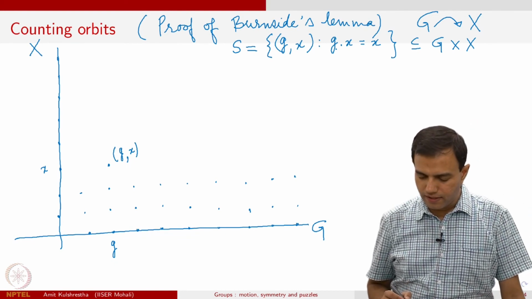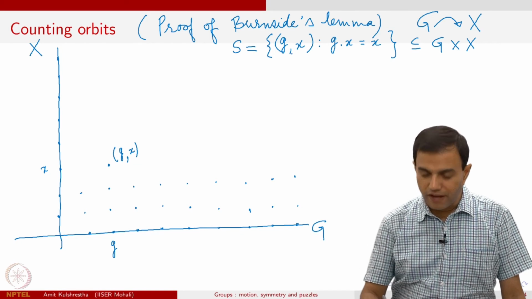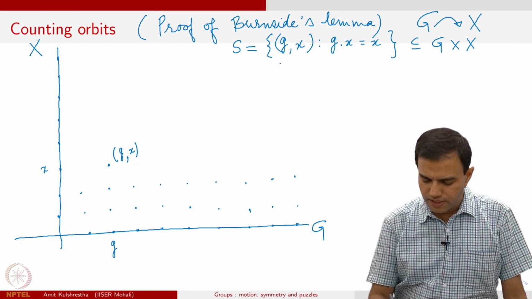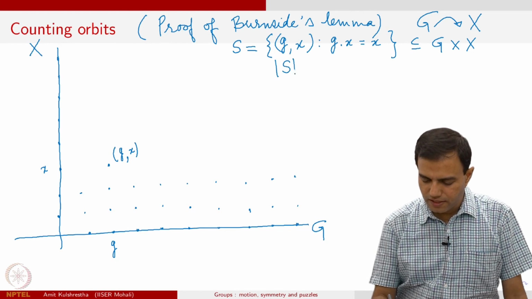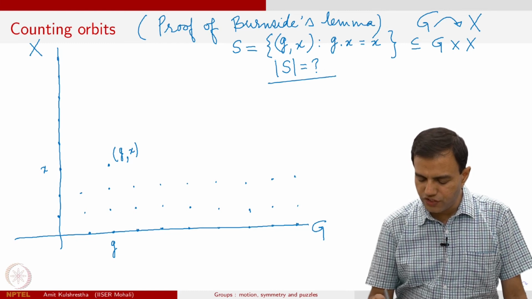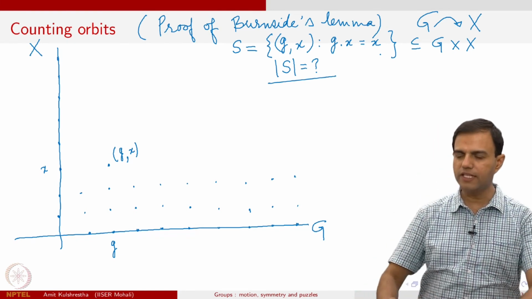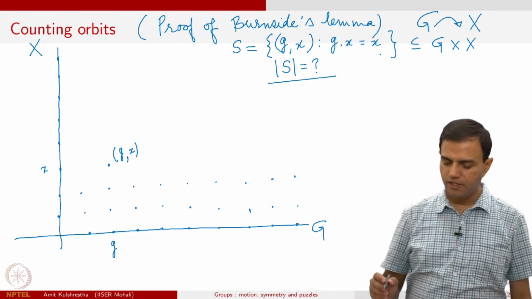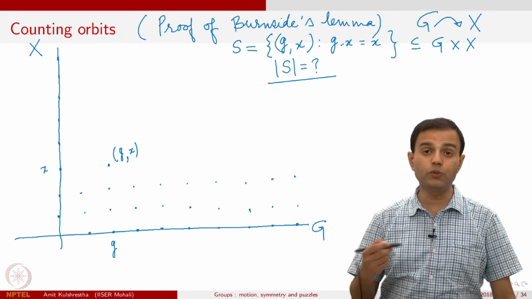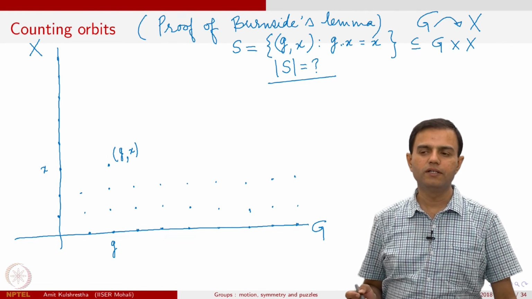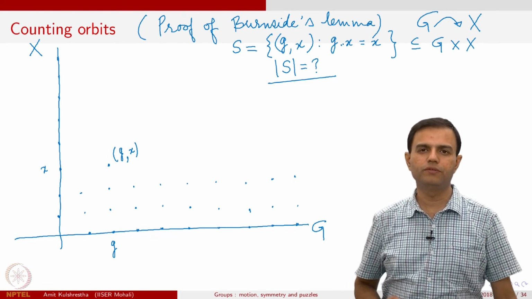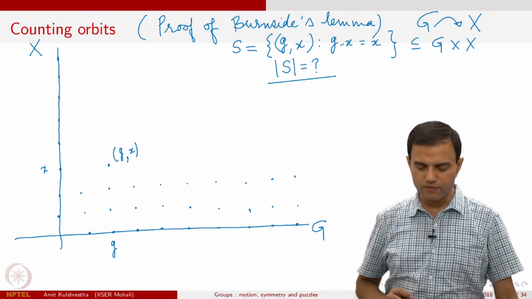And the proof is just about the size of S. How many such ordered pairs g comma x are there on this lattice for which g dot x is x. Now there are two ways to count it, and that is precisely what gives the proof of Burnside's lemma. So what are the two ways?